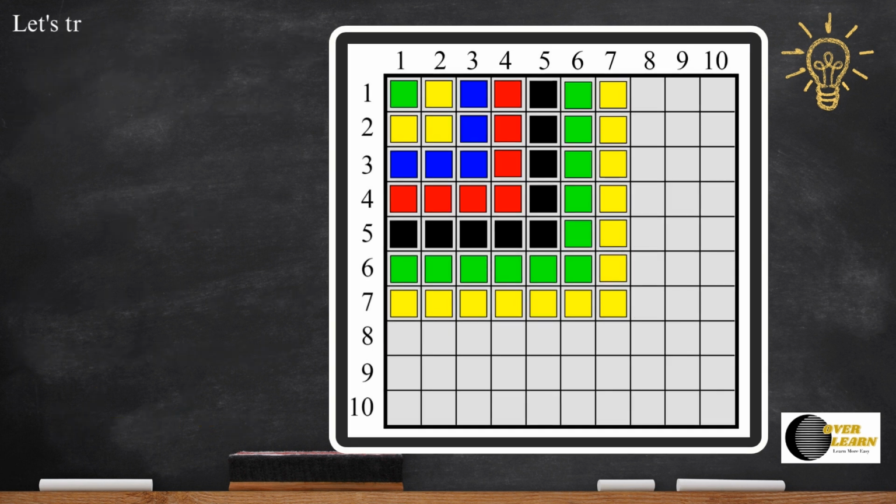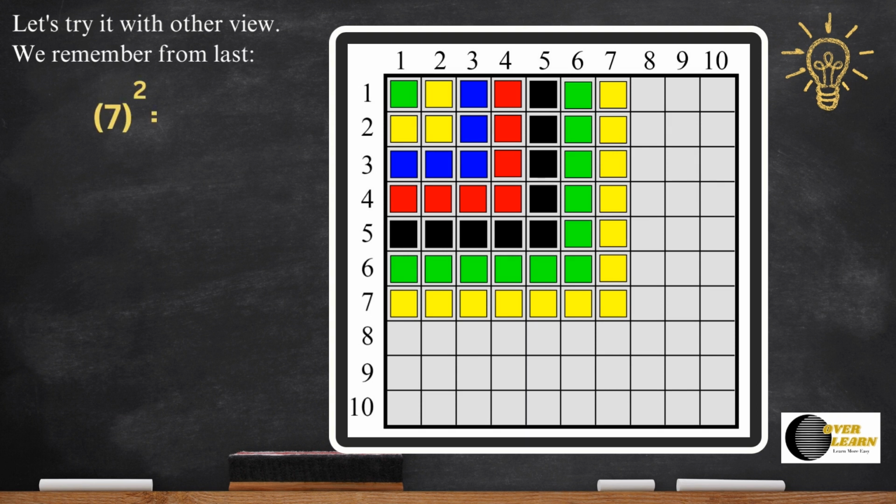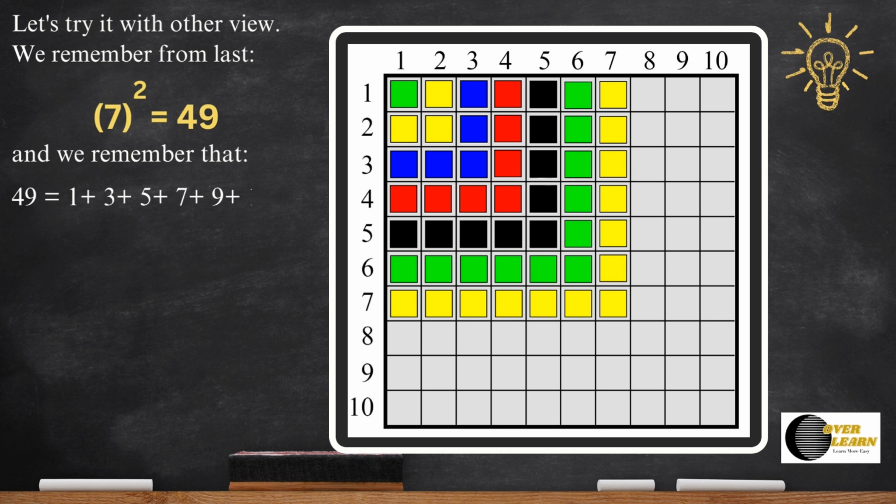Let's try it from another view. We remember that 7 power 2 is equal to 49. And we remember that 49 was equal to 1 plus 3 plus 5 plus 7 plus 9 plus 11 plus 13.